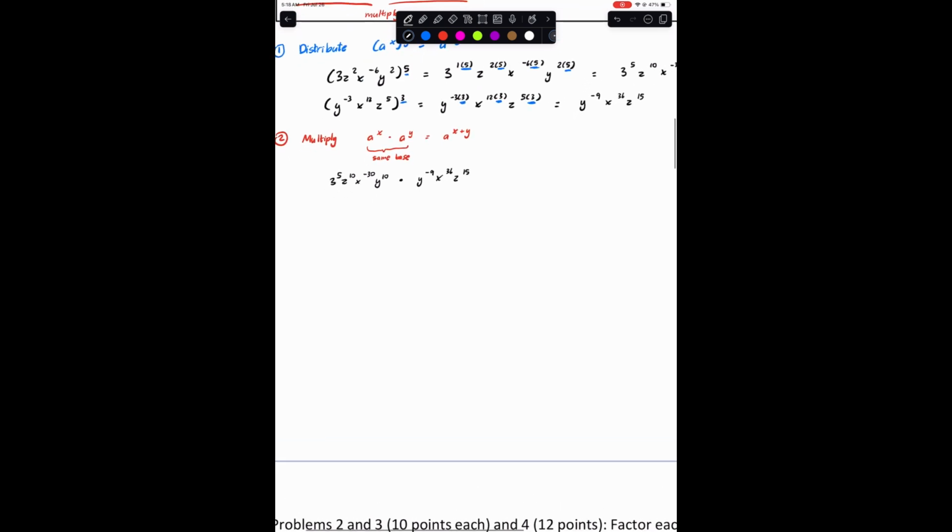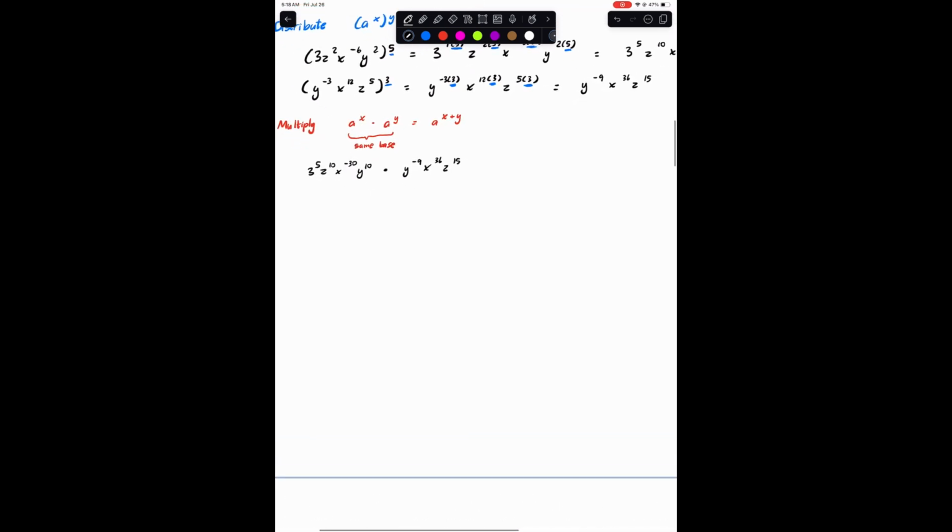First, I'm going to deal with the constants, because when you write these sorts of terms, we do constants first and then variables. That by itself gives us 243. Next up are the x's. I'll do a different color. You have x to the negative 30 plus 36.